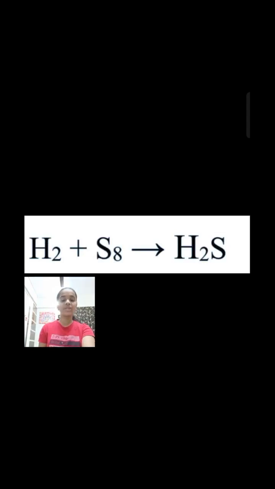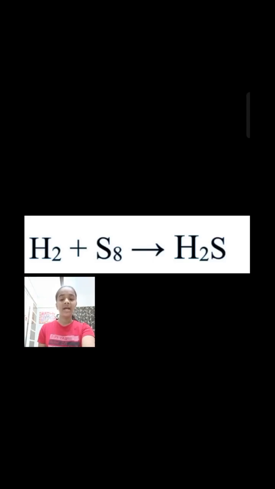Now we will see reaction with sulfur. When hydrogen gas is bubbled through molten sulfur, it forms colorless hydrogen sulfide gas which smells like a rotten egg. Hydrogen plus sulfur gives hydrogen sulfide. H2 + S8 gives H2S.